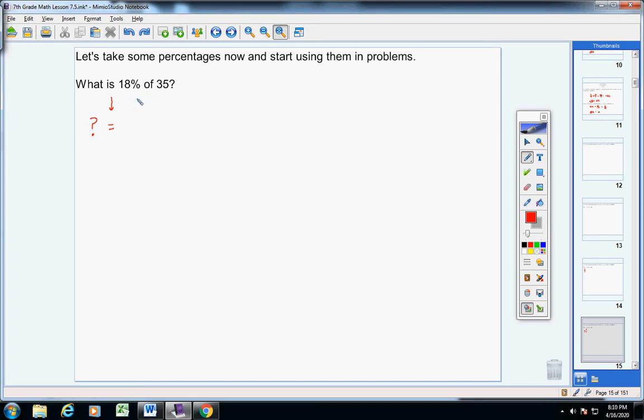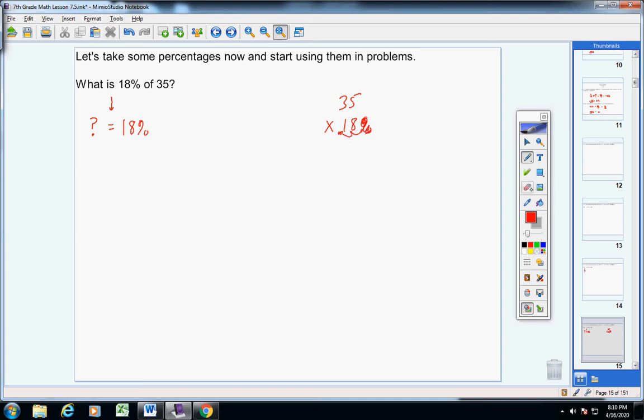Now next you see 18%, but students, please do not put 18% because really 18% is not something we can use. Okay, we need to rewrite the 18% as a decimal so that we can use it. Okay, in other words, if I was going to take 35 times 18%, I really can't do that until I first convert the percent to a decimal.